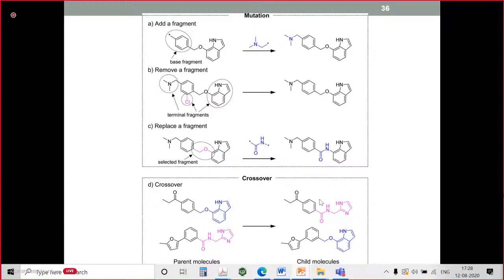So that is another approach which leads to progeny or child molecules. From the parents, after crossover, we get newer molecules that somehow differ in connectivity as well as in structure. So these approaches are very much evolutionary and lead to a diverse set of compounds.